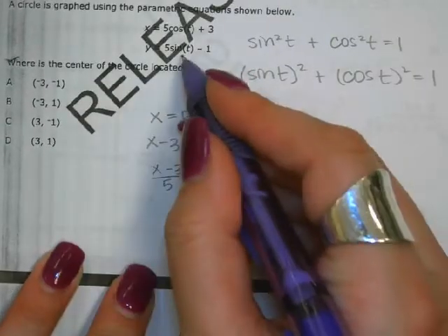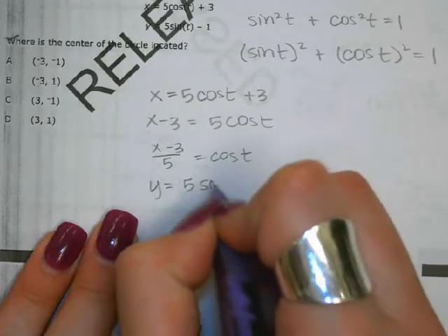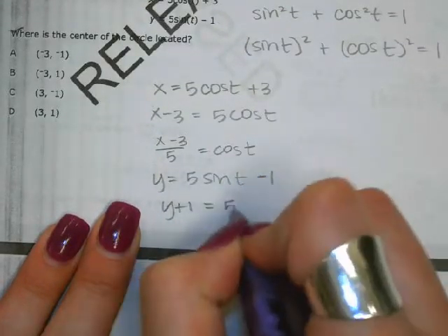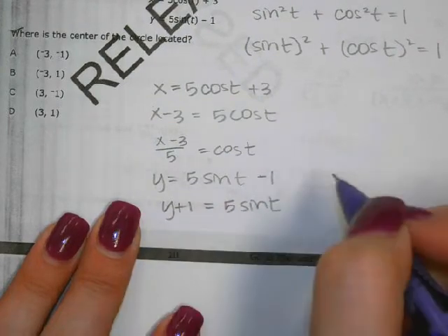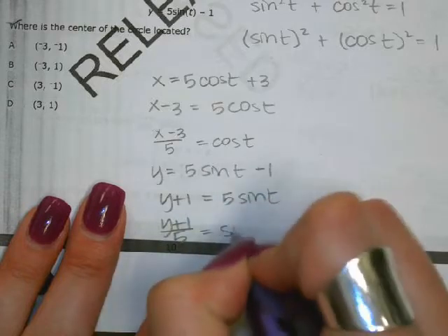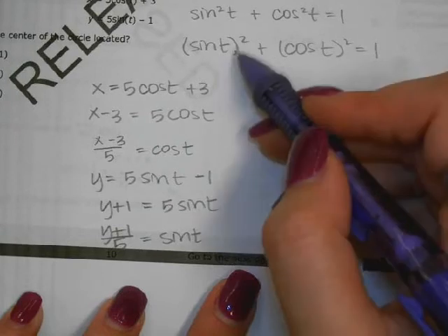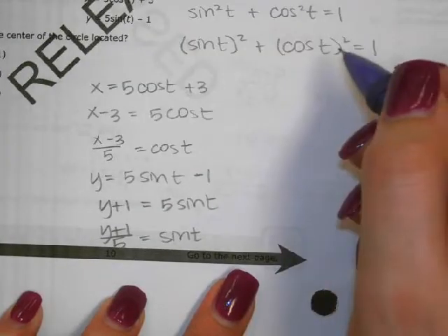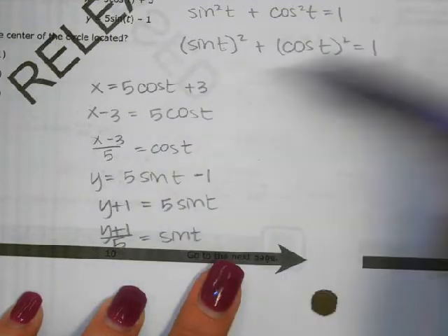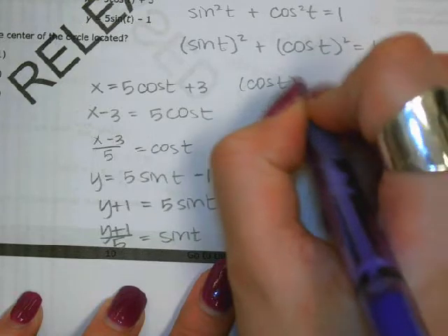I'll do the same thing to isolate sine t, so I'll say y equals 5 sine t minus 1. Y plus 1 equals 5 sine t. I'll divide the 5 over. All right, so now if I plug in for sine and cos what I have, I'm going to go ahead and switch the orders because sine has the y value and cos has the x value, and I just like it better when the x comes first.